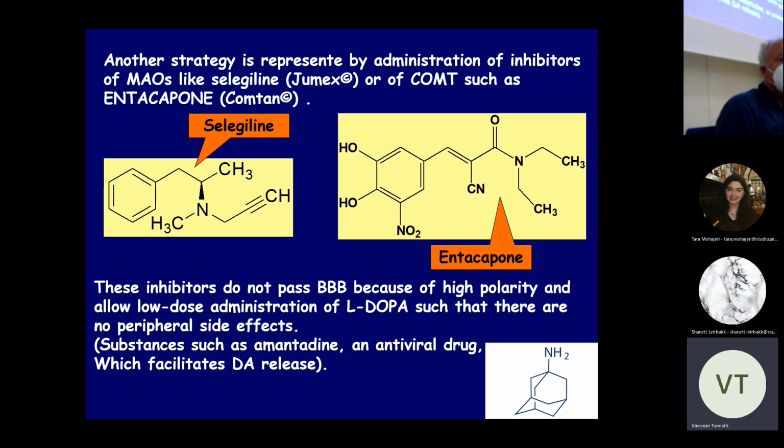So you have also this compound as an indirect agonist. It is able to increase indirectly the quantity, to increase the release of dopamine inside the synaptic cleft.